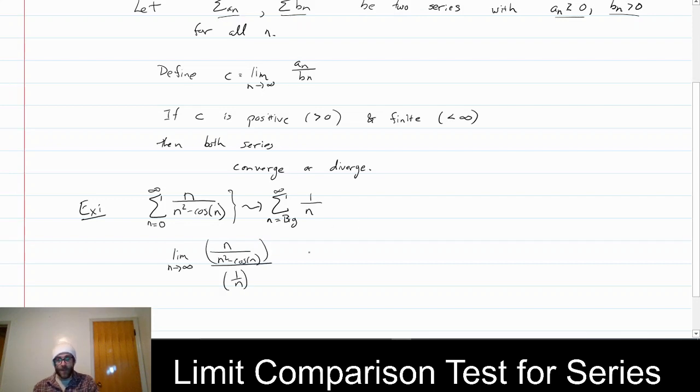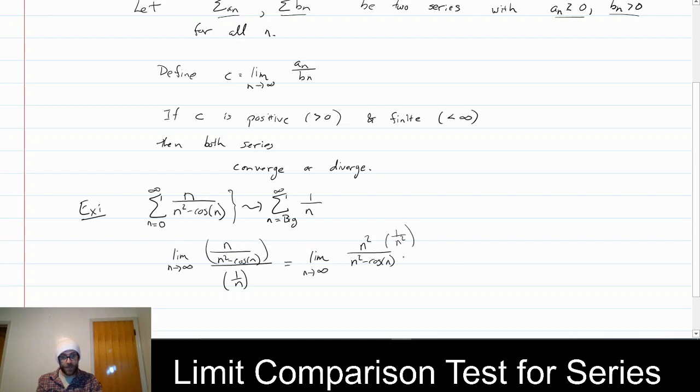When we do this, it's the same thing as the limit as n goes to infinity of n squared over n squared minus cosine of n. We can solve this in several different ways. We can use L'Hopital's rule, or we can divide everything by n squared. We'll do it that way first.